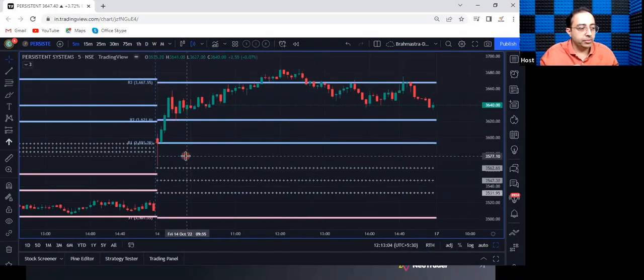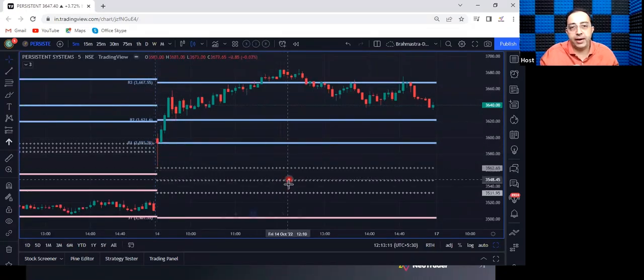Can you see this? It opened above. It was a wide CPR. It opened above R1. Next 5-minute candle. And then the move. See here at R3.